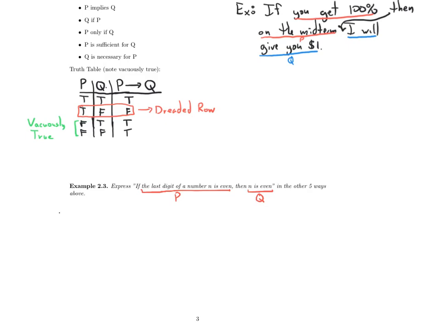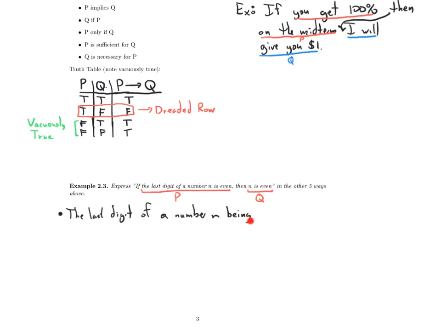So we'd write that as, well, the last digit of a number n being even implies that n is even. We're just conjugating our verbs a little bit.